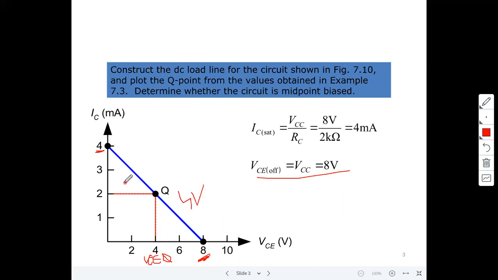Similarly, ICQ is equal to 2 milliamperes. This is IC maximum or IC saturation, that is equal to VCC by RC, 4 milliamperes. VCE off is equal to VCC, 8 volts. Then the Q point is in the middle of the DC load line, that is 4 and 2.